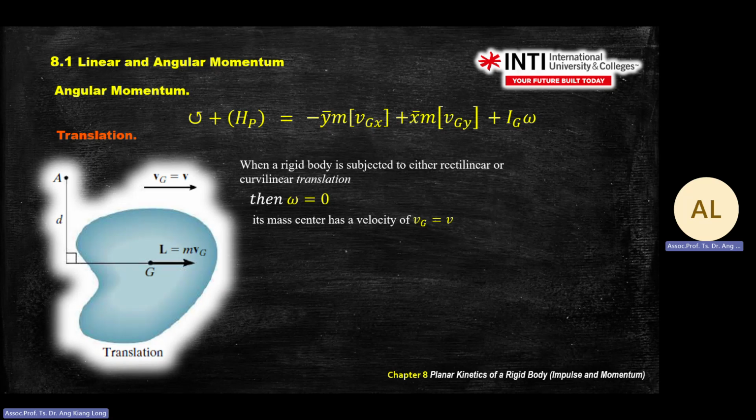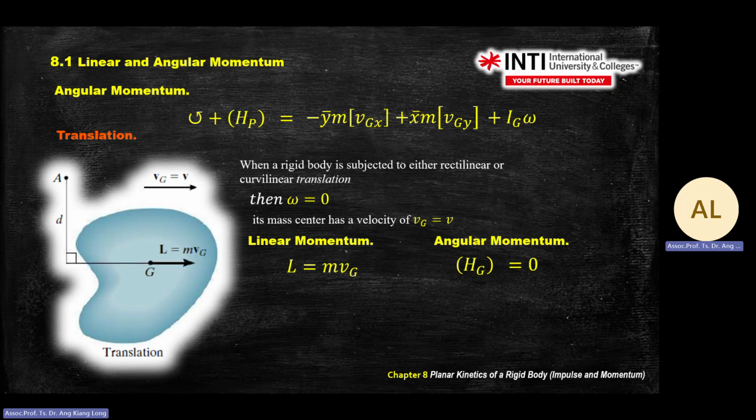When a rigid body undergoes rectilinear or curvilinear translation, there is no rotation, so omega is 0. The third term, I_G omega, is 0, and it only arrives at this formula.